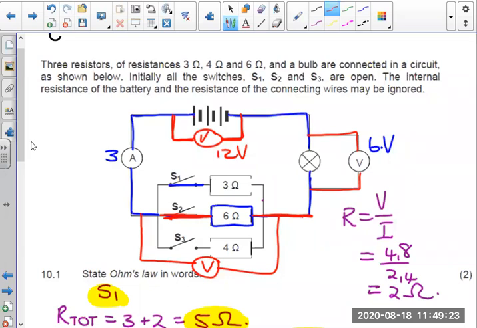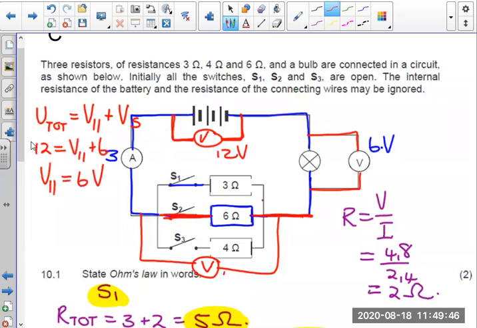So V total equals the volts in parallel plus the volts in series. Substituting in, the total voltage is 12, the volts in series is 6, so the volts in parallel is going to be 6 volts.